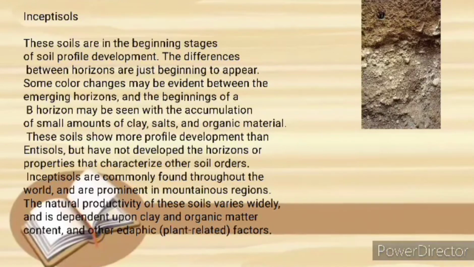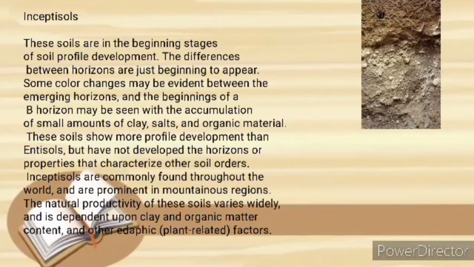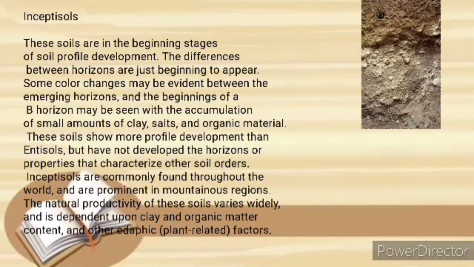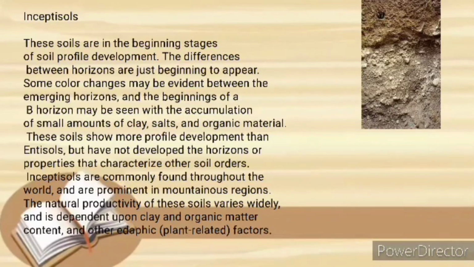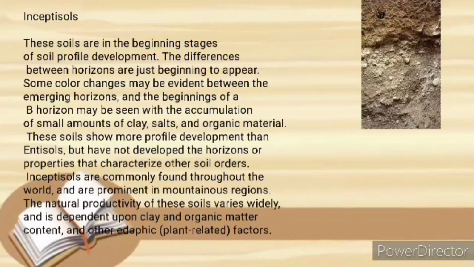These soils show more development than entisols, but have not developed the horizons or properties that characterize other soil orders. Inceptisols are commonly found throughout the world and are prominent in mountainous regions. The natural productivity of these soils varies widely and is dependent upon clay and organic matter content and other plant-related factors.